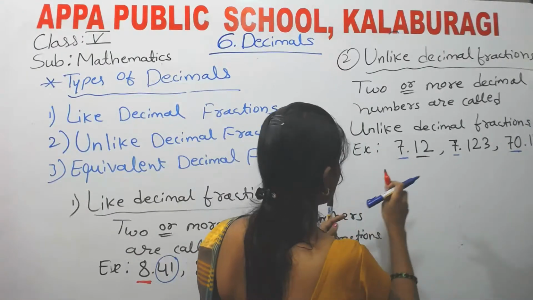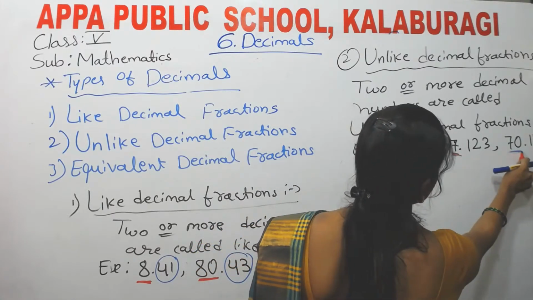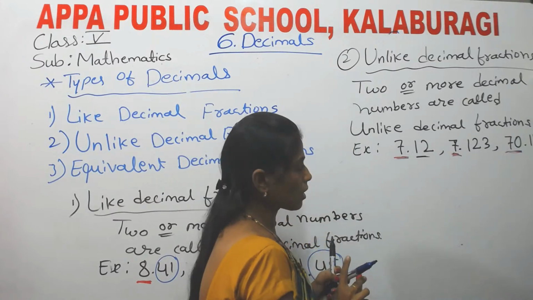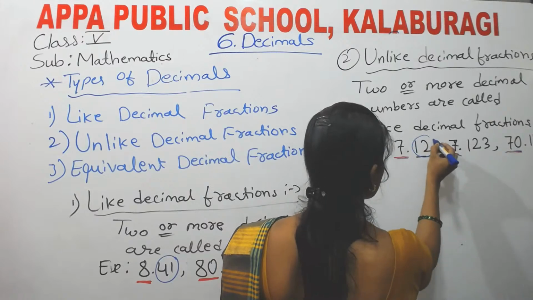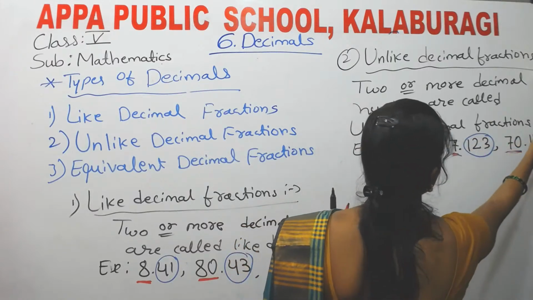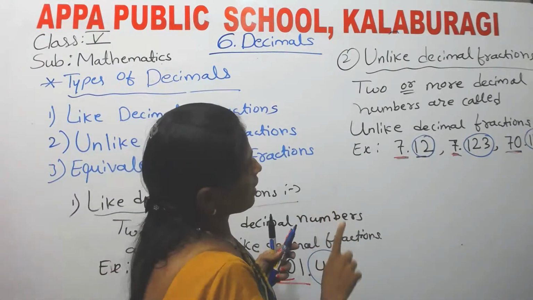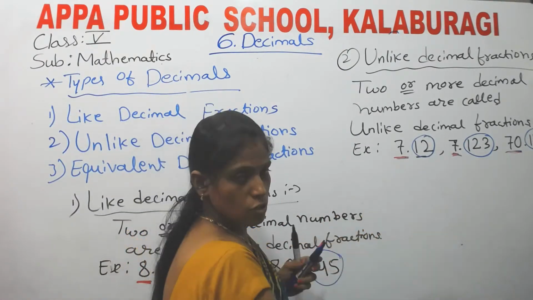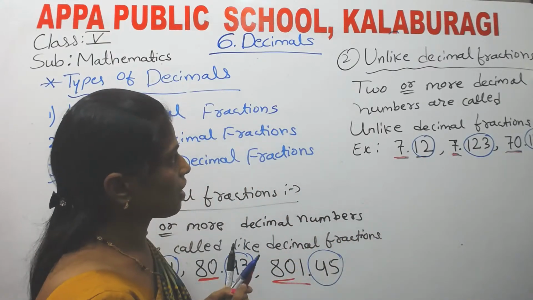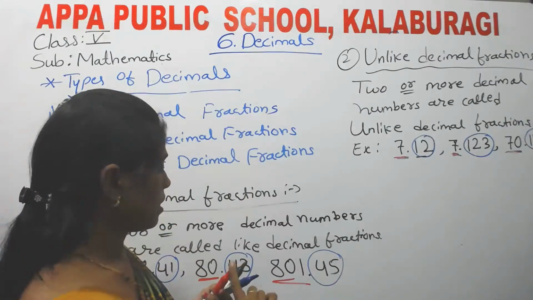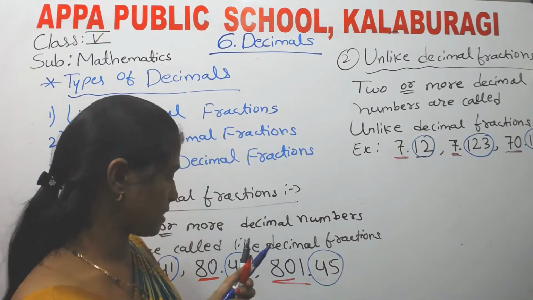See here, this is the integral part, 7 and 7 here also, and here is 70. The integral part also changes. And here the decimal places are 2, then 3, and then 4. Here also they change. Unlike decimals means the integral part also changes and the decimal places also change. These are unlike decimals.